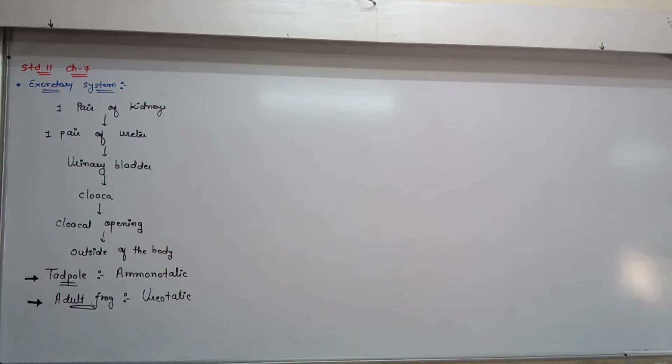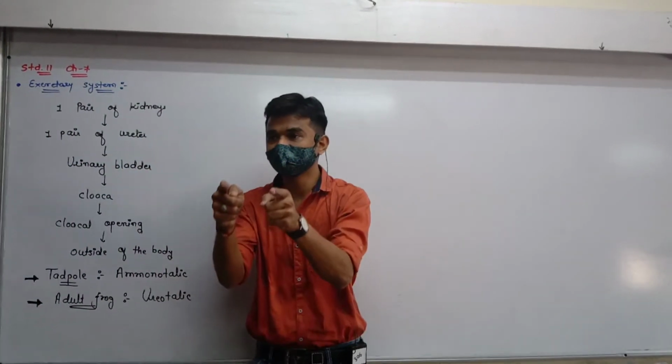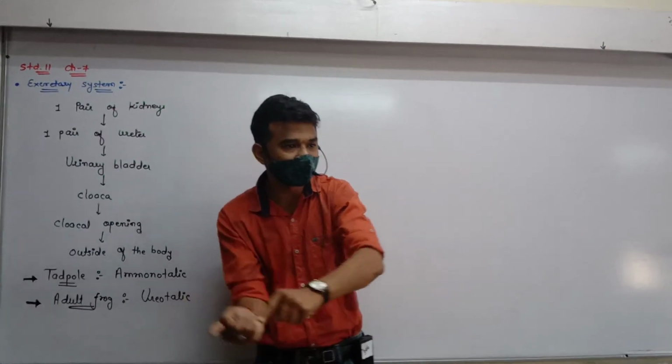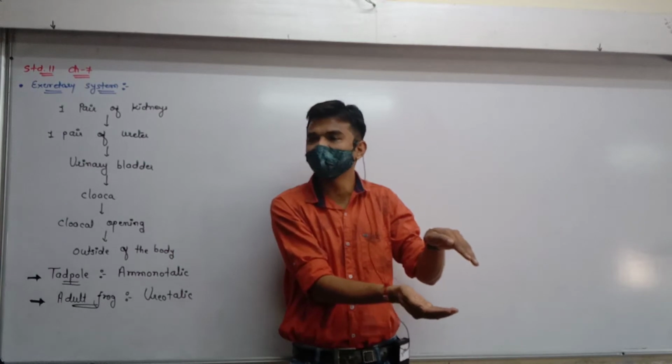Listen to what happens. Urine first comes to the cloaca, then the urinary bladder. Wait, let me complete. From the ureter, urine comes first into the cloaca, then goes to the urinary bladder. The urinary bladder is filled with the urine.